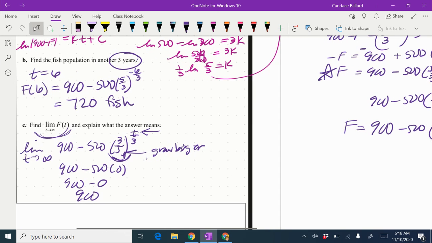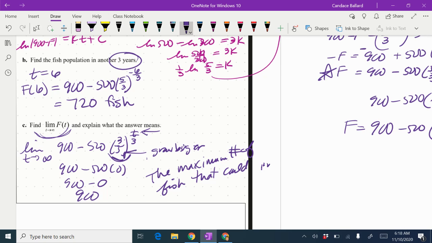So the maximum number of fish that could inhabit the lake would be 900.